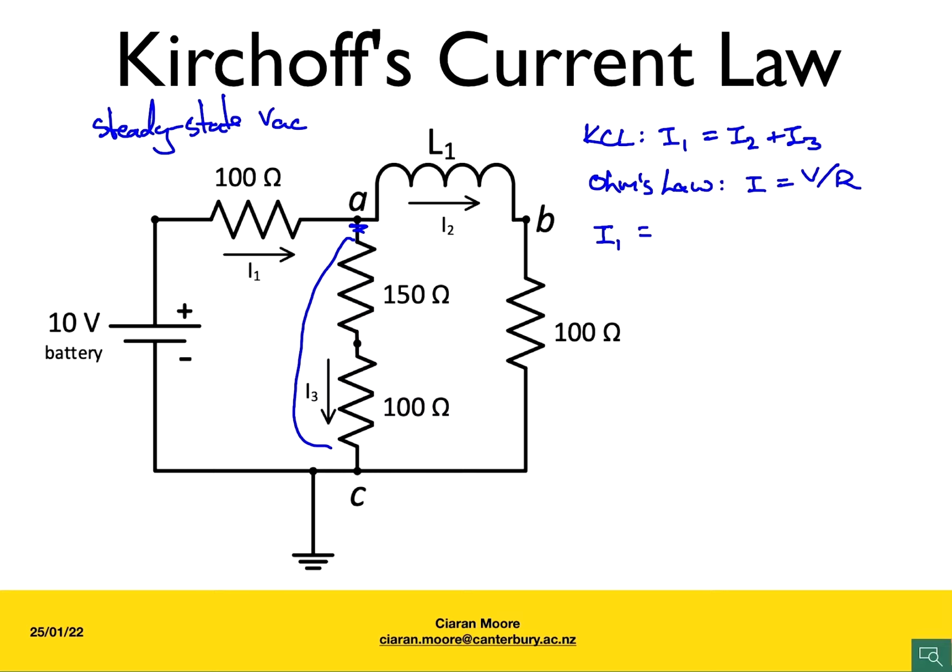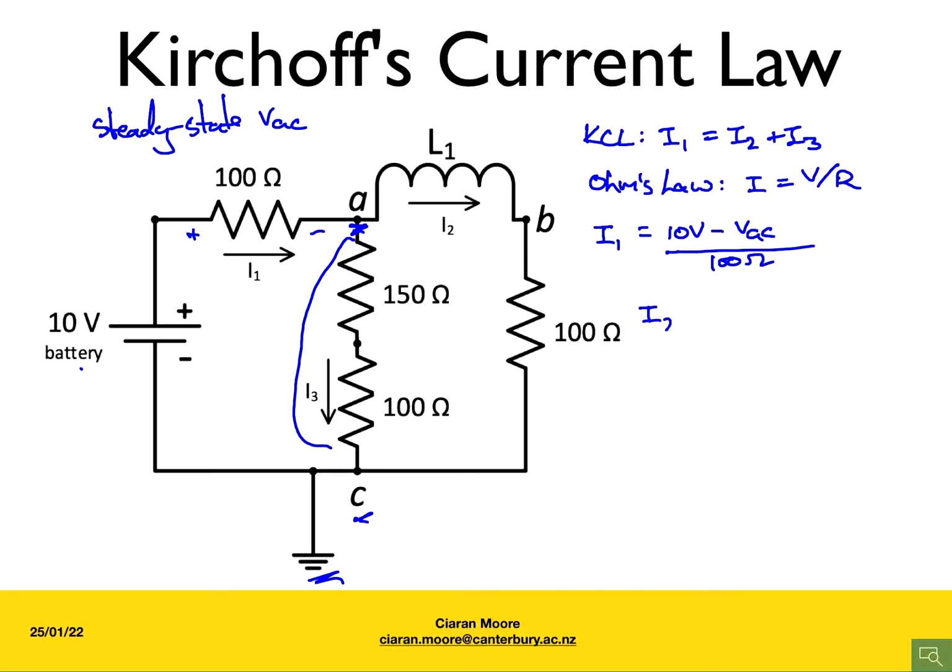The voltage across the resistance there is going to be 10 volts from the battery minus whatever voltage we have left at point A. This 10 volts here is implicitly with reference to ground, so we will reference voltage A to ground as well, and that's where point C is connected. So we've got 10 volts minus VAC is the voltage across the resistor. The resistance is 100 ohms.